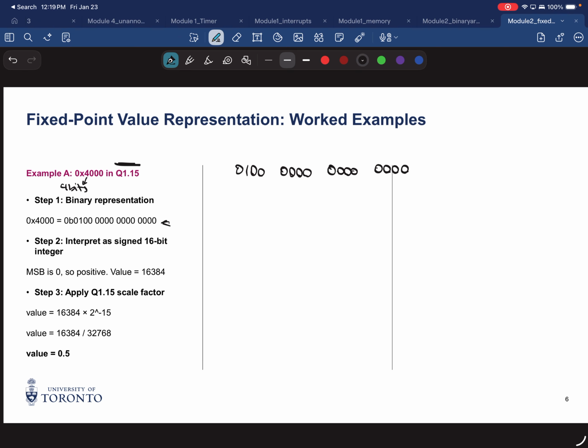So we have in total 16 bits. We have 1 sign bit, 0 integer bits, and 15 fractional bits. Perfect. This is my sign bit. And then right away, it starts the fractional bits. Now, since this is 0, this must be positive.